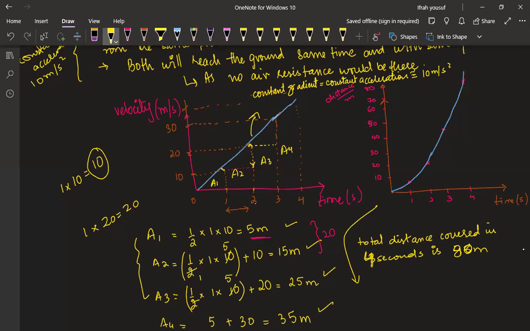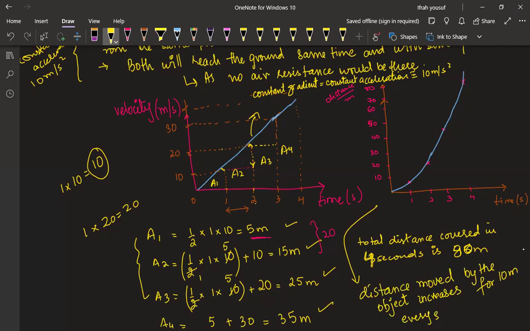Yeah. 5, 10, and then 10, 10, 10, 10, 10, 10. Okay. So distance, have you got this point? Distance moved by the object increases for 10 meters every second.